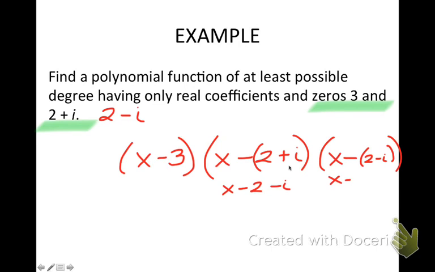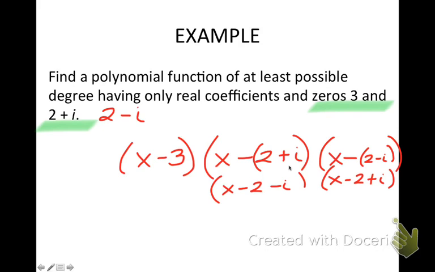It would be x minus 2 plus i. So you would still get these two things if you just did x minus the 2. Does that make sense? But technically, you have to think about distributing, but you won't get it wrong if you just do x minus 2 plus i and x minus 2 minus i, because you're going to get there either way. It's just the opposite of them.